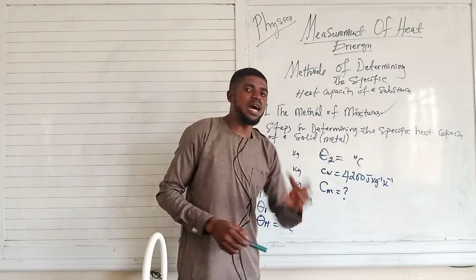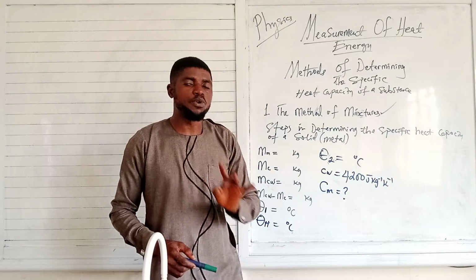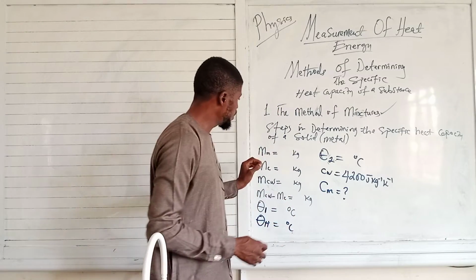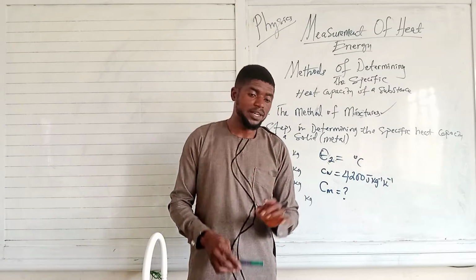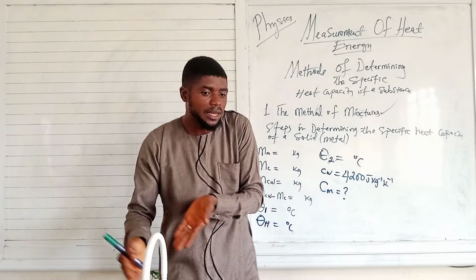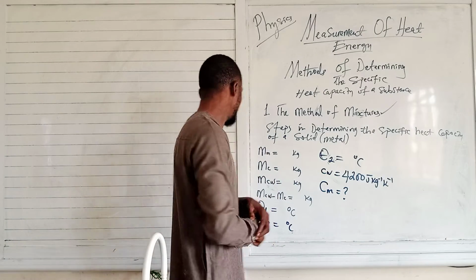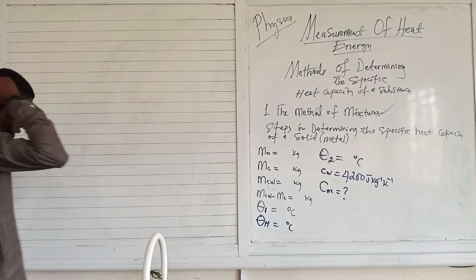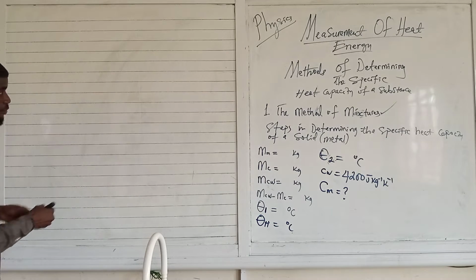The next thing is to apply the principle of mixtures. The principle of mixtures states that heat lost by a hot substance is equal to heat gained by a cold substance. Now, how do you write that? From the data generated on the board, this is what we have.